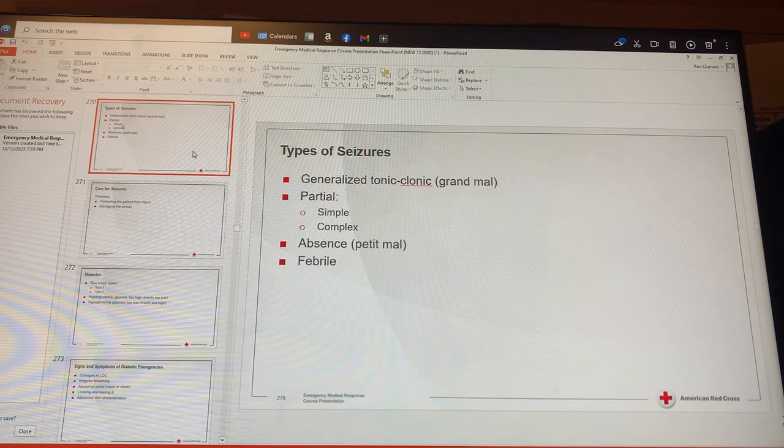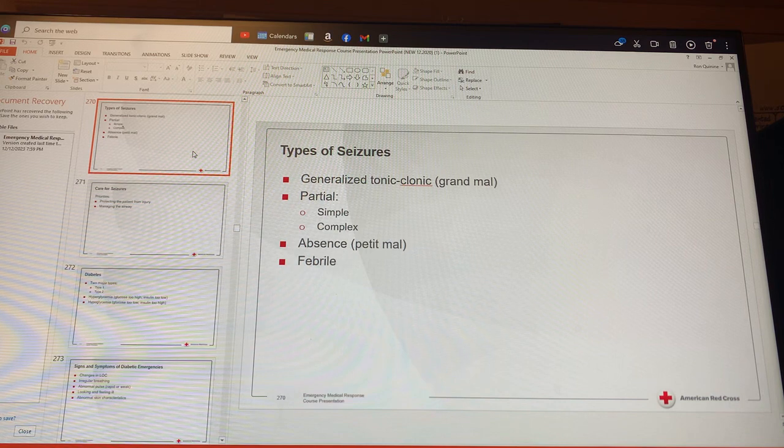Types of seizures. You have generalized tonic-clonic, grand mal, or partial, simple, complex, absence, petit mal, febrile, okay? So generalized tonic-clonic seizures, also grand mal seizures, are the most well-known type of seizure.